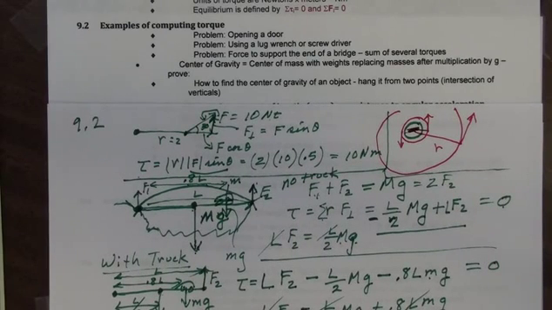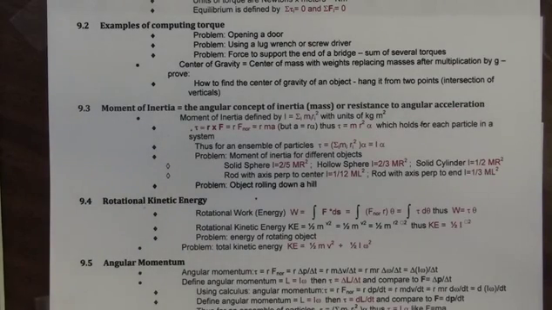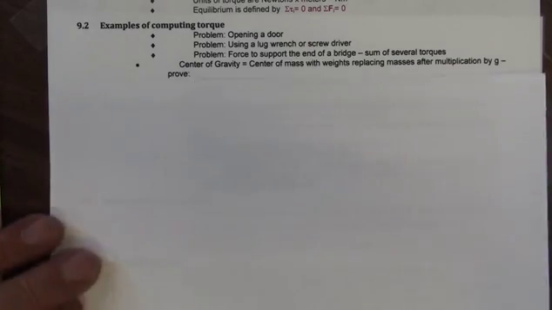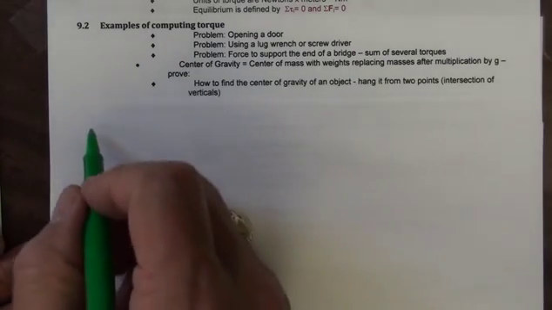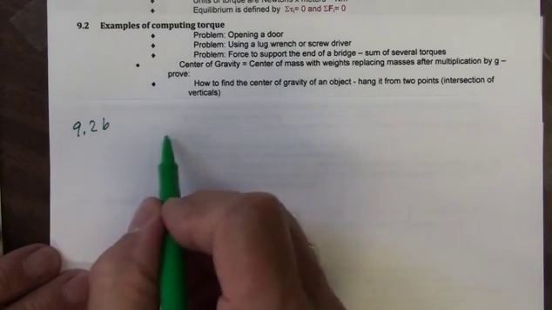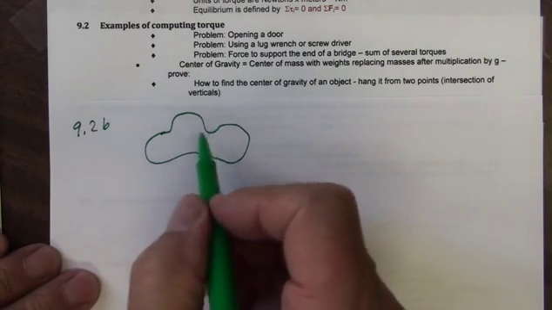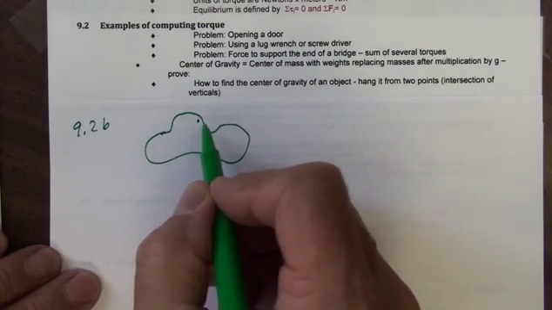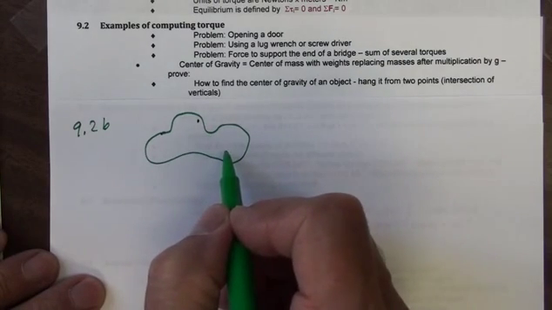We have talked before about how to find the center of mass in more complicated circumstances, but I'm going to reiterate it because it's covered here and it's very important. Again, I'm in 9.2, page B. If we have some strangely shaped object and we want to find the center of mass, what we can do is drill a hole at some point and hang it so that it's in equilibrium.